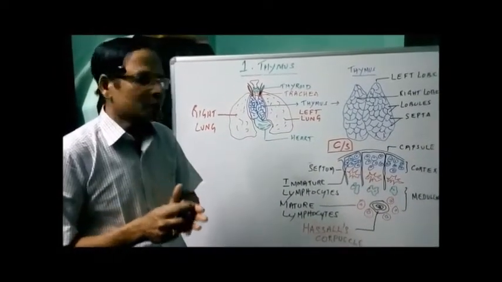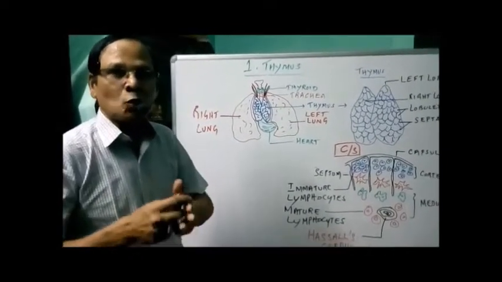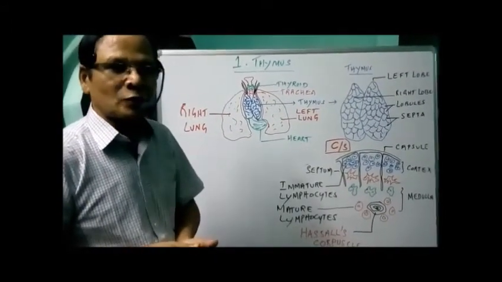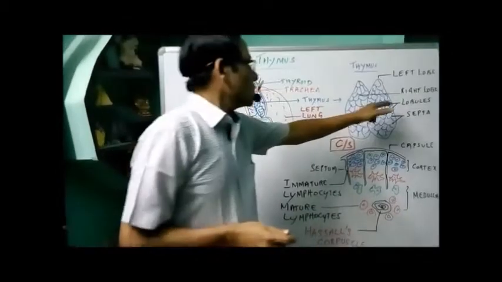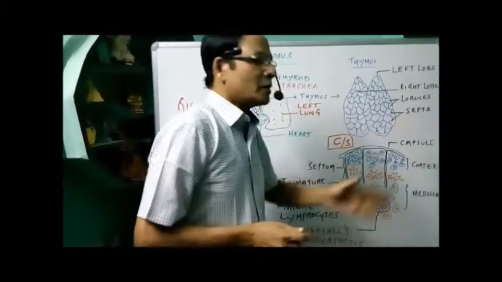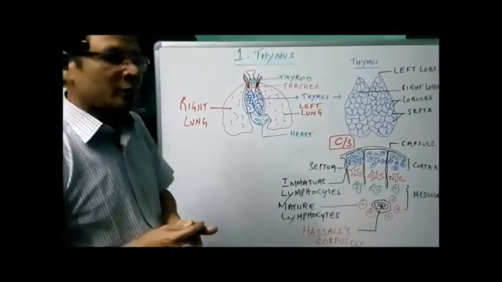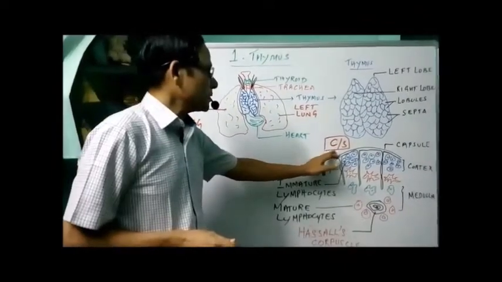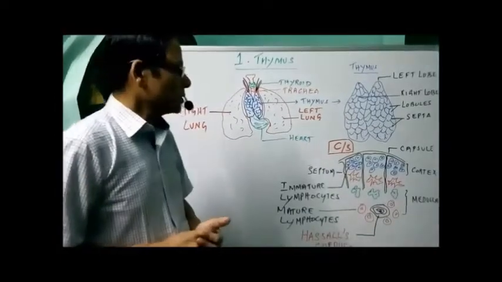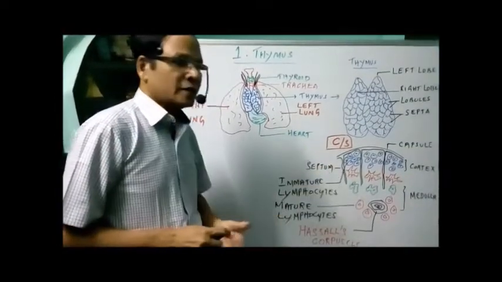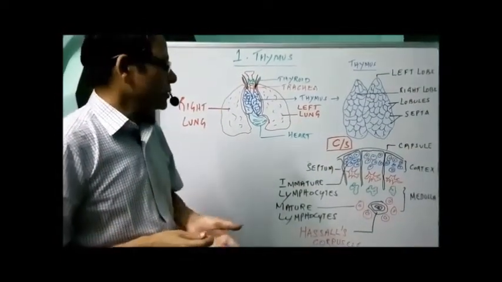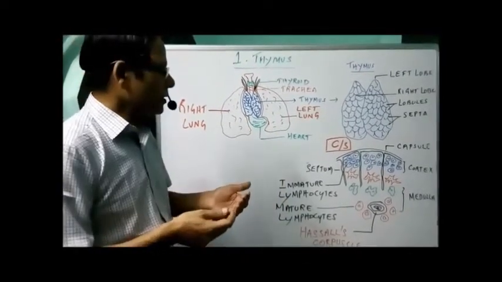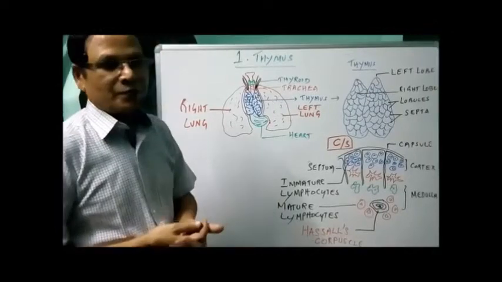Each lobe is further divided into many lobules by means of septa or trabeculae. The lobules are separated from each other by septa. Here is represented the outer capsule, which enters into the gland as the septa. So we have many divisions, namely the outer cortex and the medulla.